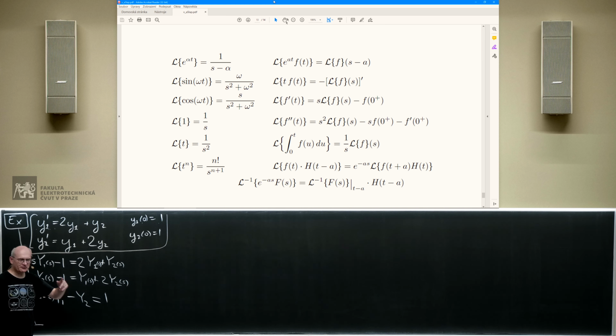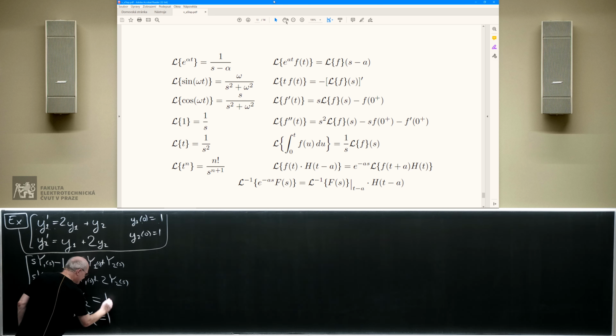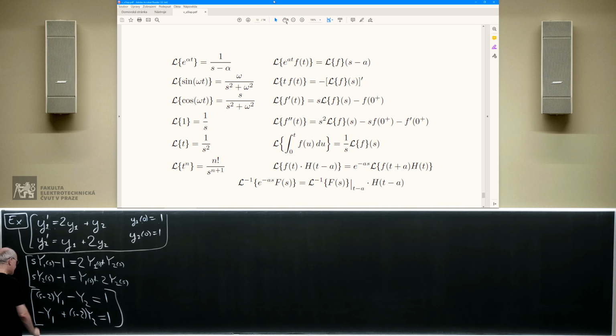The equation is no longer homogeneous. Okay, that's life. Over here, Y1 to the left, it becomes negative Y1. Y2 to the left, it becomes plus (s minus 2) Y2. And 1 to the right. So that's the system of algebraic equations which I'm supposed to solve.